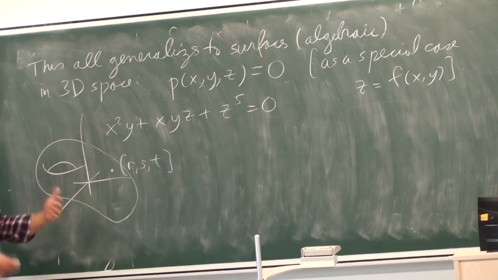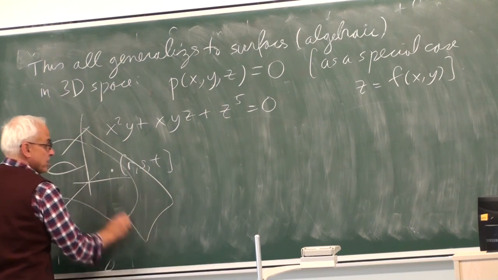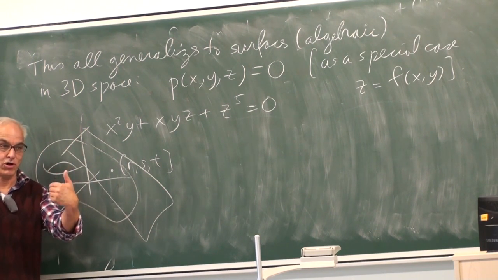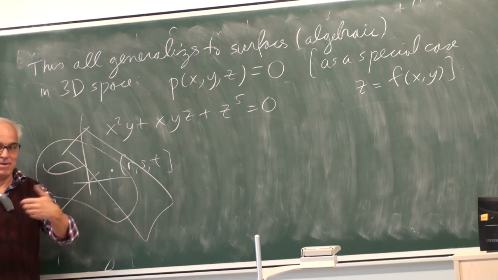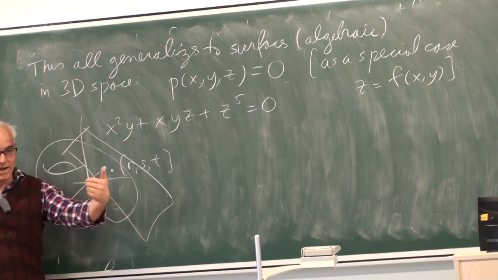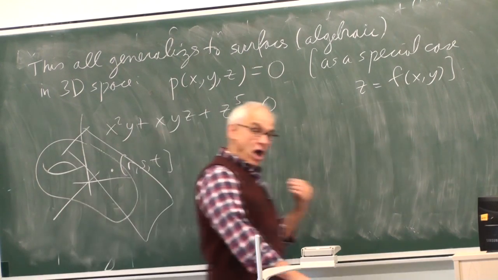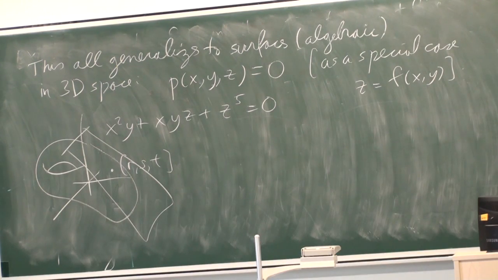And exactly the same process would then yield not just the tangent plane, that would be the first order terms, but then the second order terms, the quadratic ones, would give us not a tangent conic, but a tangent quadric.